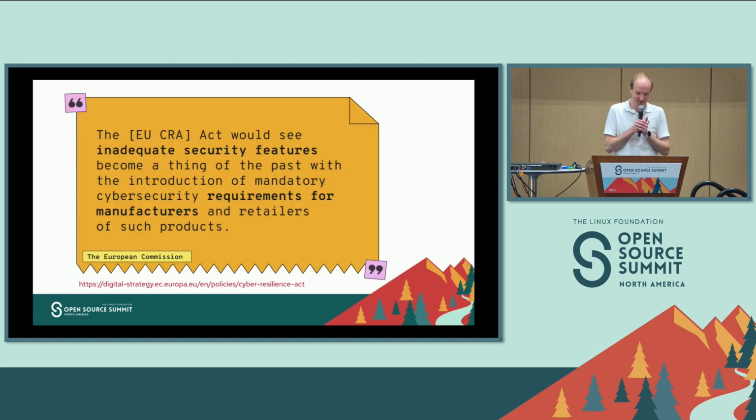Okay, now going to another wording of the European Commission. What's, again, the intention of the CRA? They say the CRA would see inadequate security features become a thing of the past with the introduction of mandatory cybersecurity requirements, mainly for manufacturers and retailers of such products, which again kind of makes sense. I don't want my children to play with a digital toy which has vulnerabilities, for example.